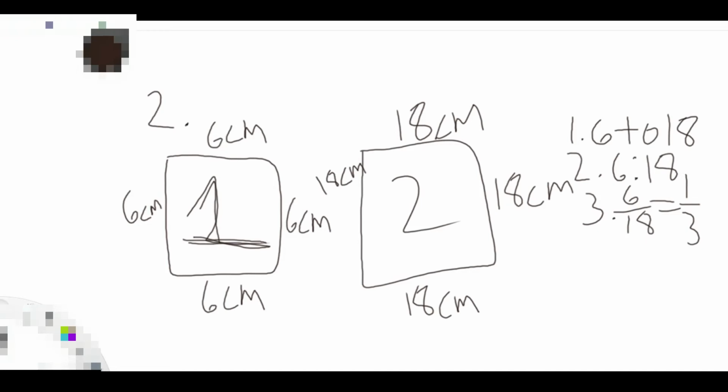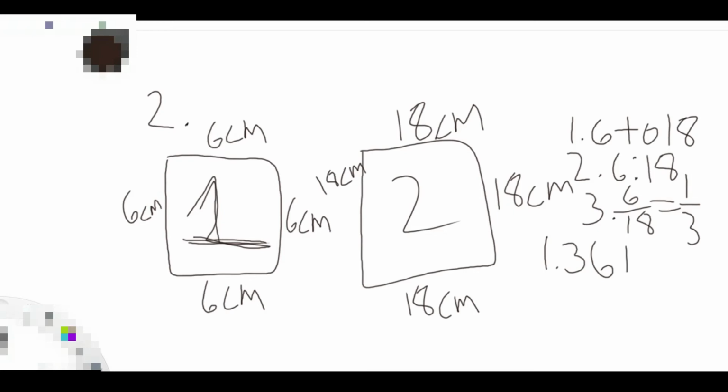Now let's solve for the area. Let's try area this time. Here, 6 times 6 is 36, so square 1 is 36 centimeters squared.